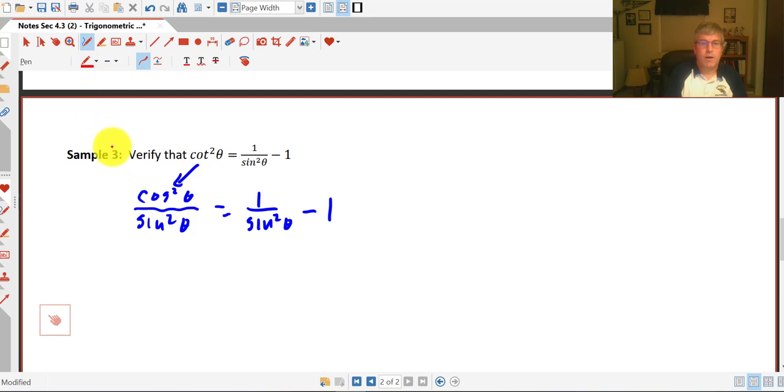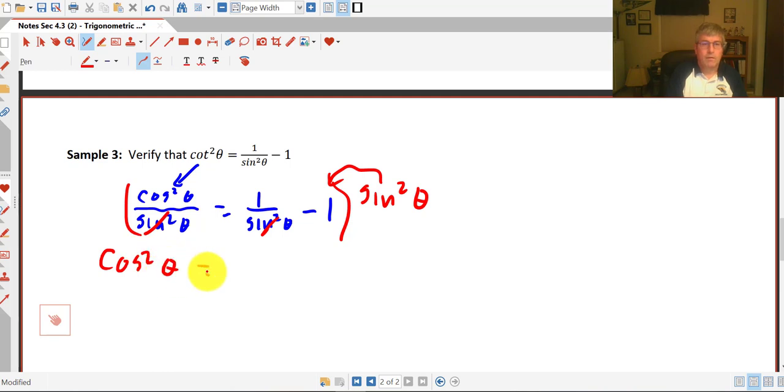I have sine squared in my denominator. I can multiply both sides, so I multiply everything by sine squared theta. So my sine squared thetas cancel. And I get cosine squared theta equals 1 minus sine squared theta.